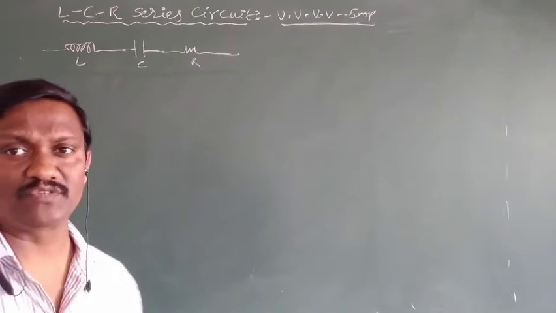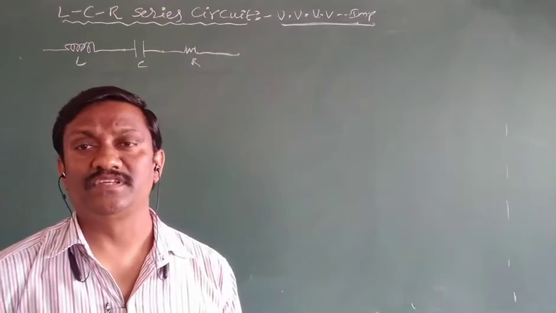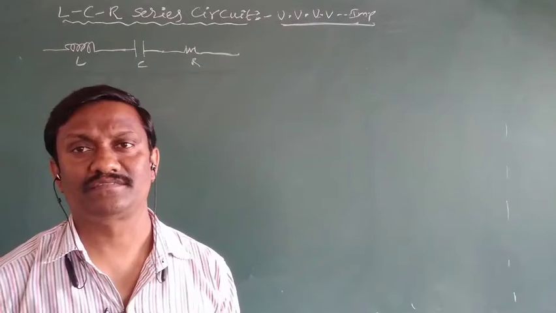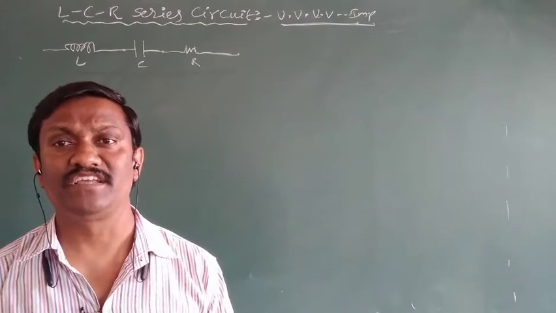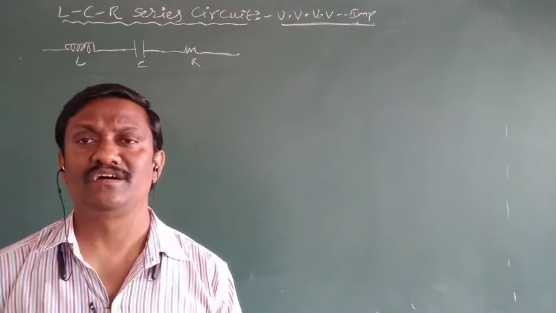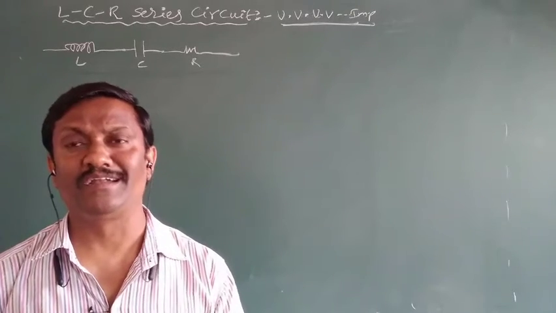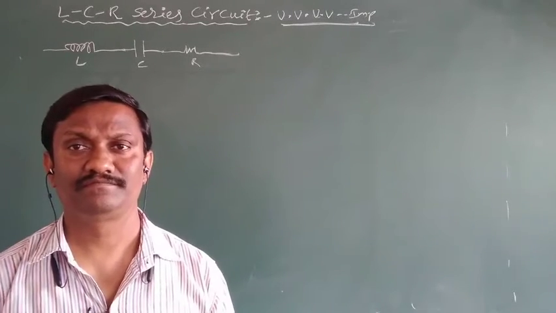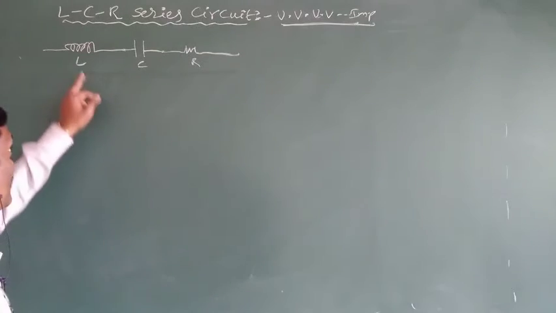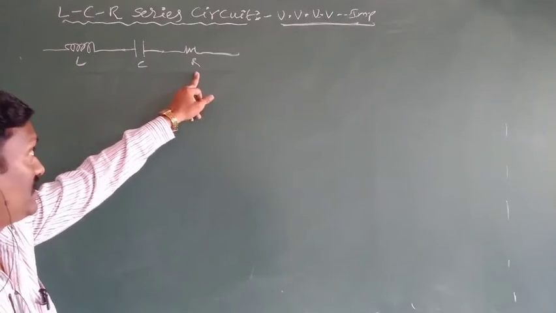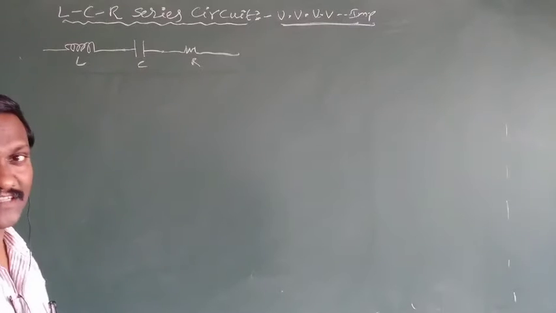In previous chapters we learned the series combination of three resistors, of three capacitors, and of inductors. That was a combination of the same elements. But this is a series combination of different elements: a resistor, a capacitor and an inductor.